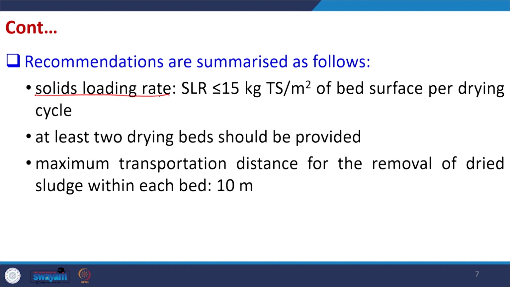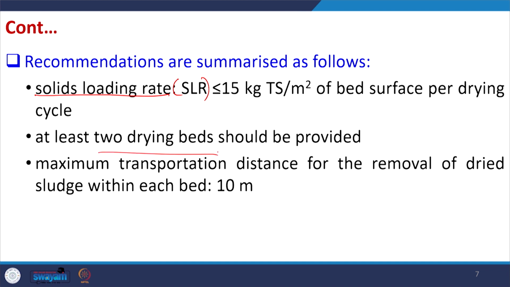Now, there are certain recommendations also with respect to drying beds. The solids loading rate, SLR, should be less than 15 kg total solids per meter square of bed surface per drying cycle. Okay. Then at least 2 drying beds should be provided.